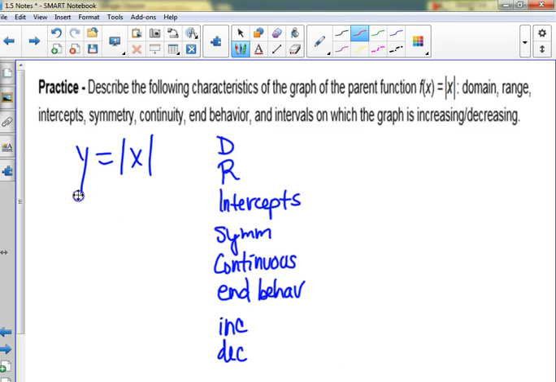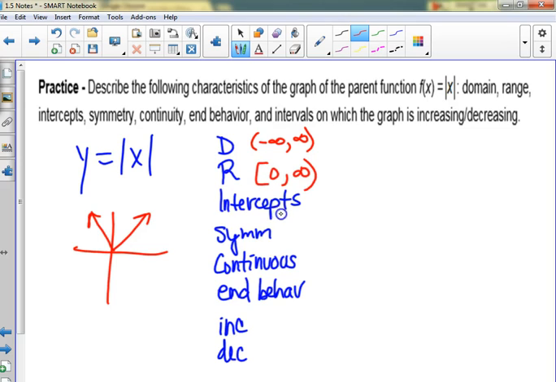All right, everybody knows what the absolute value graph looks like? Okay, so what do you want to say about domain and range? Okay, domain is all real numbers. Range, good job, square bracket, 0 to infinity. Everybody good? Bottom to top.